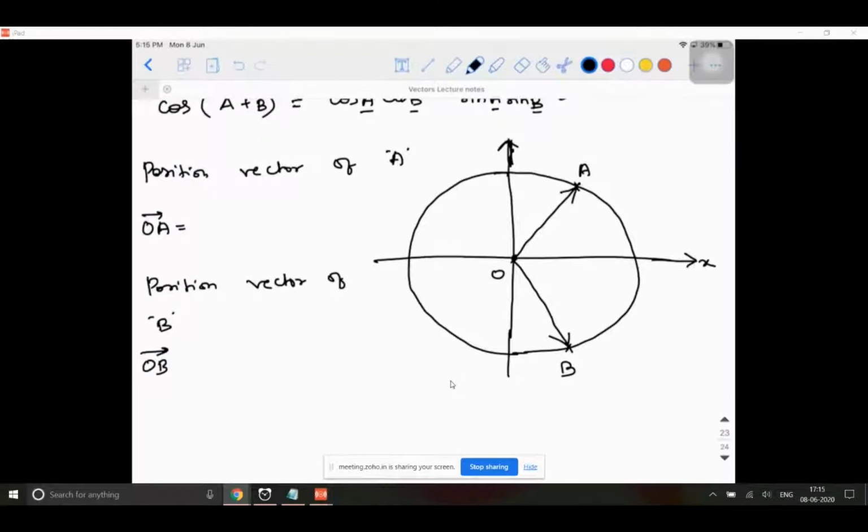Now, let me say this angle is A and this angle is B. So what is the angle between the position vectors OA vector and OB vector? What is the total angle between them?